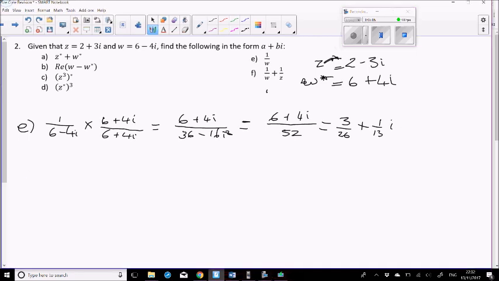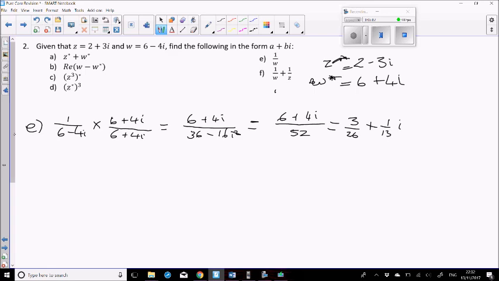Now f, as we already know what 1 over w is, because we just worked that out in part E, it's probably easiest just to work out what 1 over z is as well, and then if you realise 1 over z, you should be able to quite easily add those two things together.